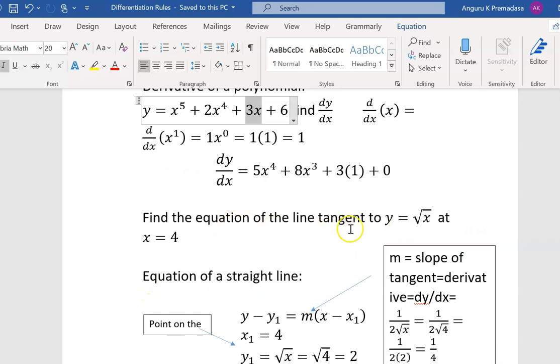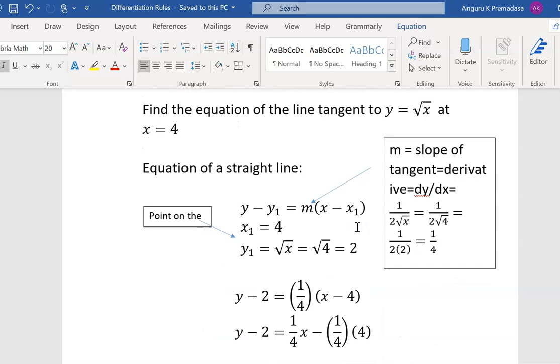Find the equation of the tangent to y equals square root x at x equals 4. So that's the question that we have. So the first thing that you need to do is to find the derivative, right? Because this is square root x, like before, we want to find the equation of the line tangent to that, okay? So you use the formula y minus y1 is equal to m times x minus x1.